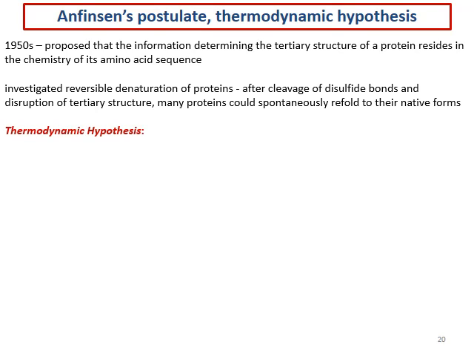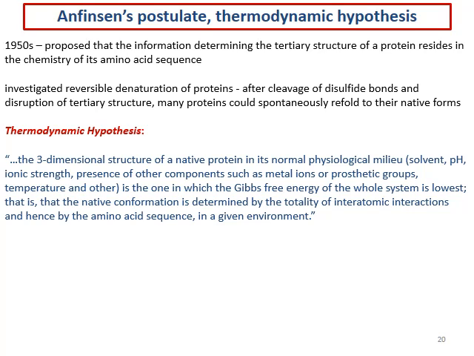their native form. And so this led to a thermodynamic hypothesis that he put forward, which said, quote, the three-dimensional structure of a native protein in its normal physiological milieu, meaning its normal solvent, its normal pH, its normal ionic strength, the presence of other compounds such as metal ions or prosthetic groups, the normal temperature, and any other factors that would normally be going on, is the one in which the Gibbs free energy of the whole system is lowest.